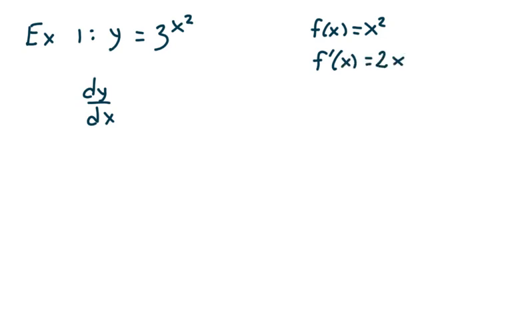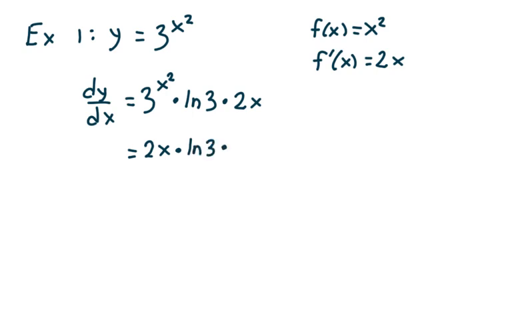So when I write dy/dx, I get 3 to the x squared times natural log of 3. But I'm going to take that answer and multiply by the derivative of x squared with respect to x, which is equal to 2x. And I'm done. So I'm just going to rewrite it this way. So I get 2x times natural log of 3 times 3 raised to the x squared.